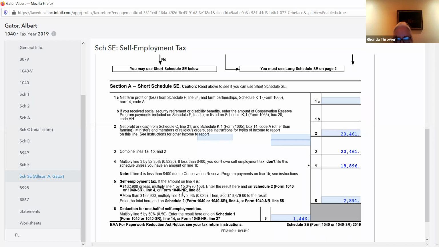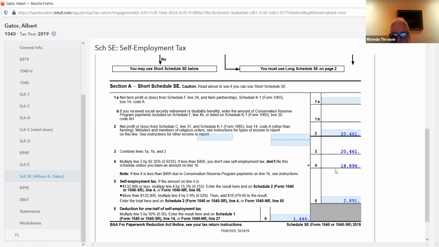So let's see what here. If the self-employment tax, if the amount on line 4, this is the amount on line 4, which is 18,896.